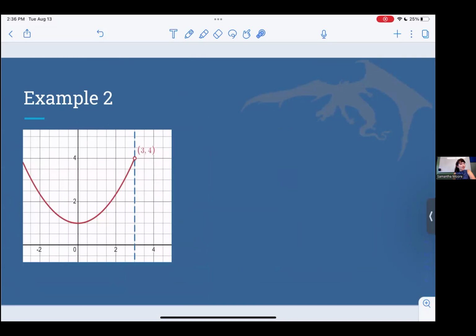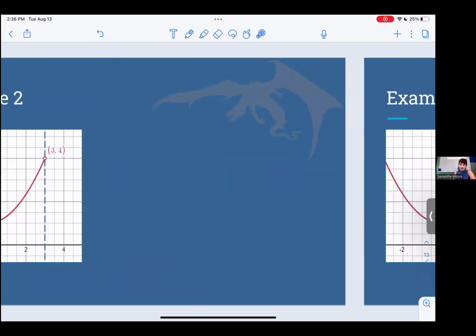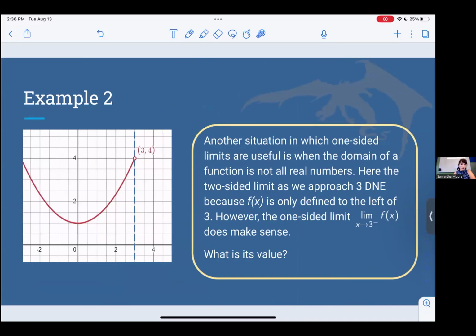Okay, so let's consider another function. This is our function f of x. This is another place where one-sided limits are useful because we see that the domain of our function includes up to 3, but doesn't include anything after 3. So we can really only talk about approaching 3 from the left-hand side. But it's still worthwhile knowing what's going on in our function as we approach from the left-hand side.